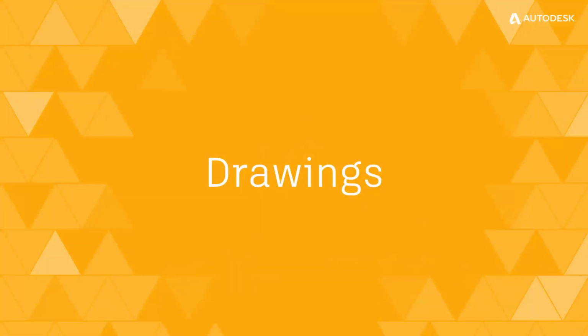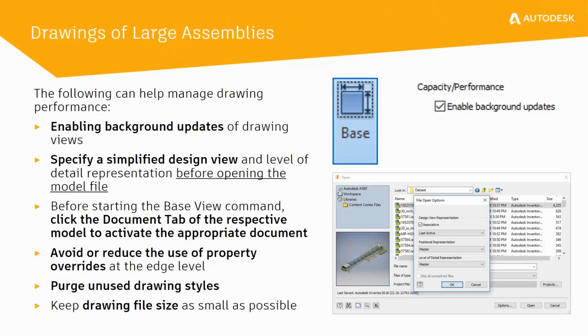Okay, finally, what about drawings? Now, drawings, there's a number of things that we spoke about that you can do. Things like enabling background updates to happen in the background, specifying a simplified drawing view before and the level of detail before opening the model file. You can click the document tab of the respective model to activate the appropriate document.